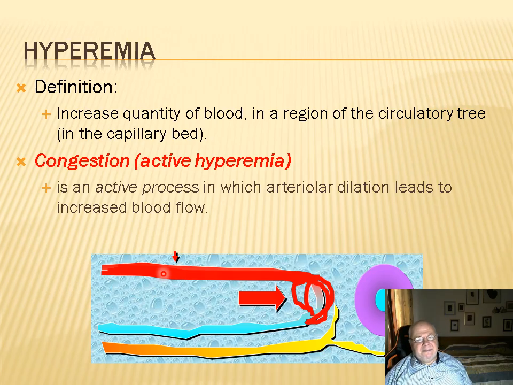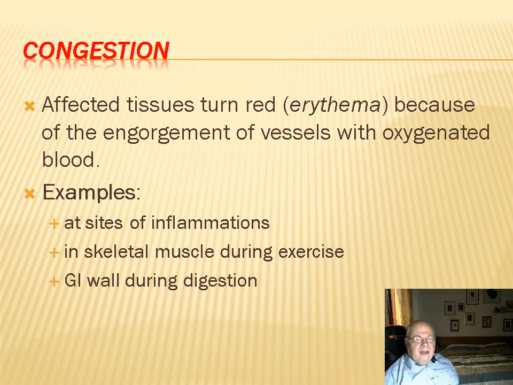So it's an active process, because this vasodilatation, arterial dilatation more exactly, results from an active process of relaxation of the muscular wall of these arteries. The stasis mechanism will be detailed later.